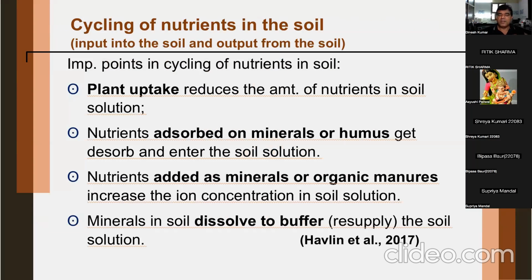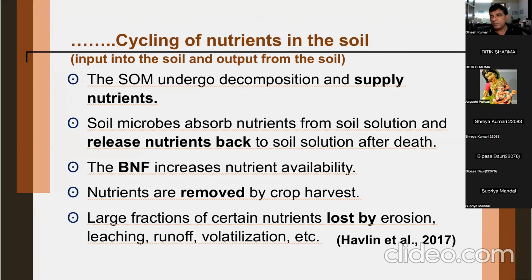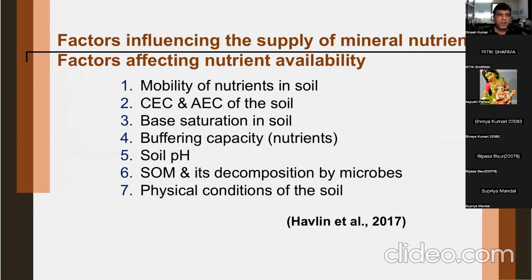Now we have seen how the nutrients are cycled in soil, meaning input and output. And then we were discussing the factors that affect the nutrient availability, or factors that solve the problem of resupply of nutrients into the soil solution. So these are the factors: mobility of nutrients in soil, CEC and AEC of the soil.